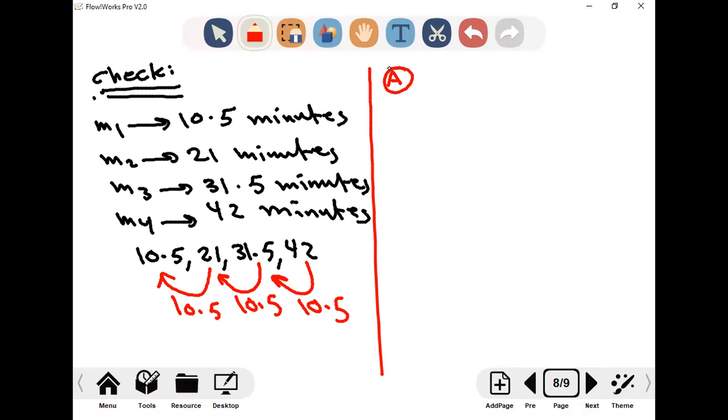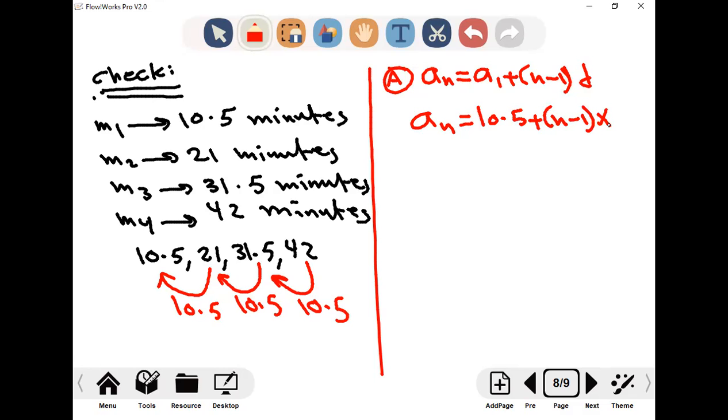Part A. an equals a1 plus n minus 1 multiplied by d. This equals a1, how much is a1? 10.5 plus n minus 1 multiplied by d, which is also 10.5.